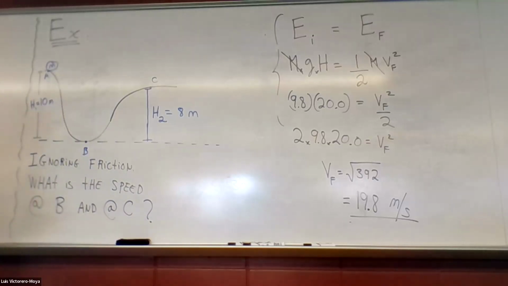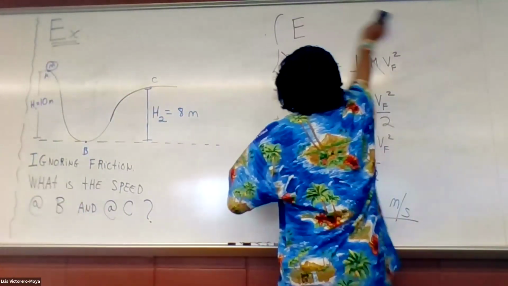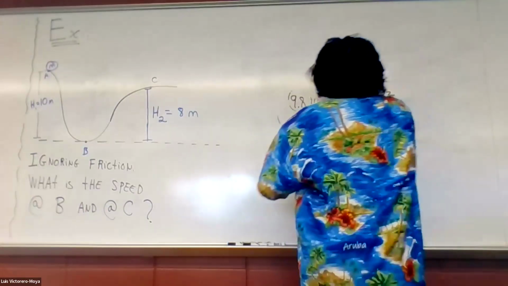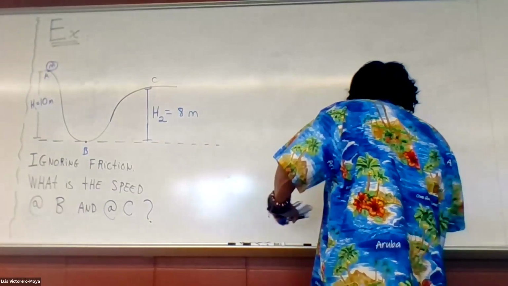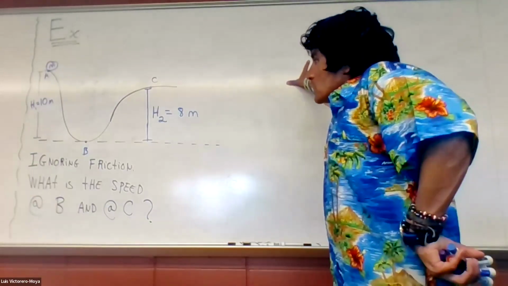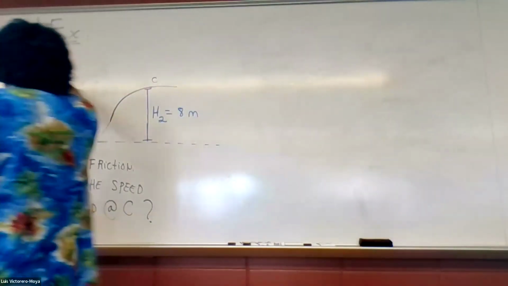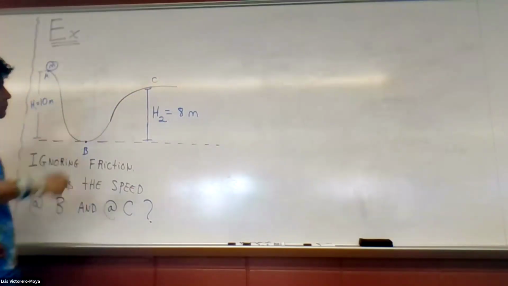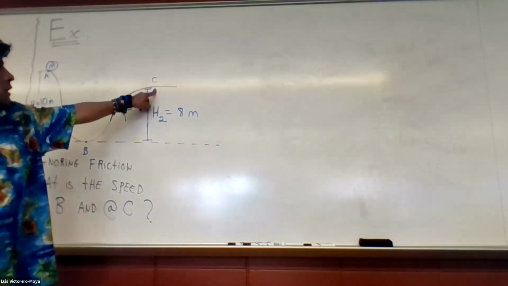That's a classic example of conservation of energy. So you're going from A to B to C. Like that. How do you find the speed here and here?